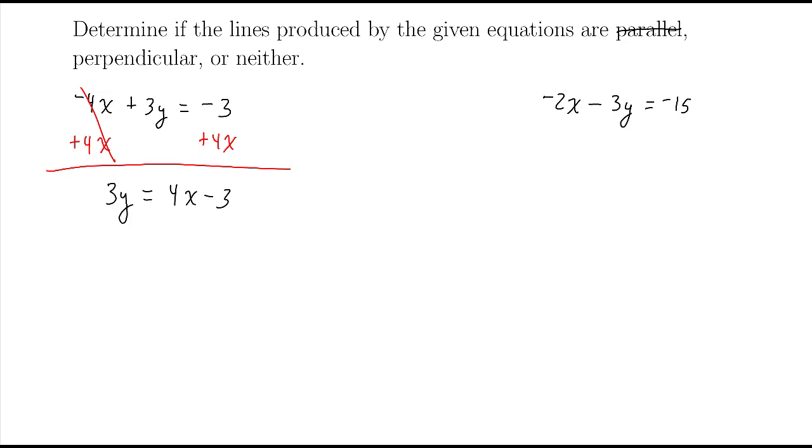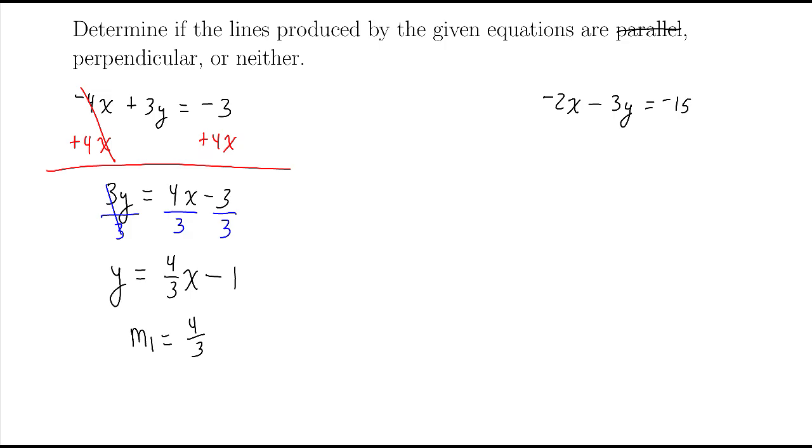So 3y equals 4x minus 3. Let's divide by 3 to get the 3 off of that y. 3 divided by 3 is 1. 1 times y is just y equals 4/3 x minus 3 over 3, which is 1. Good. So we know the slope of the first line is 4/3.